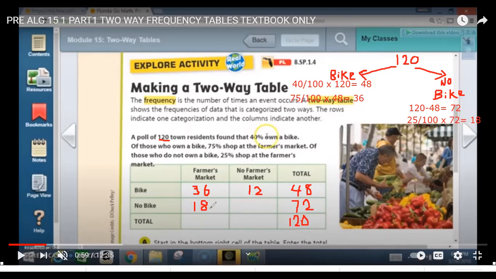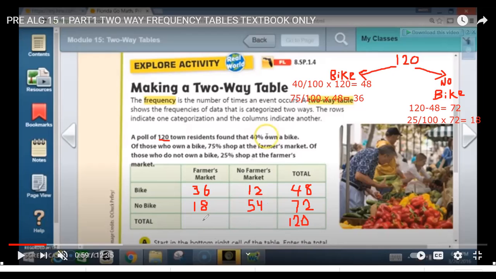Which means how many people don't have a bike and don't buy from the farmer's market? 54. Yes. How did you find it? 72 minus 18. Thank you. Now we want to fill the two spaces here.